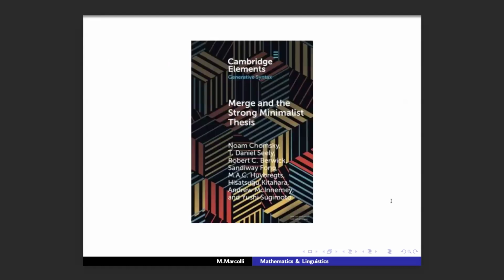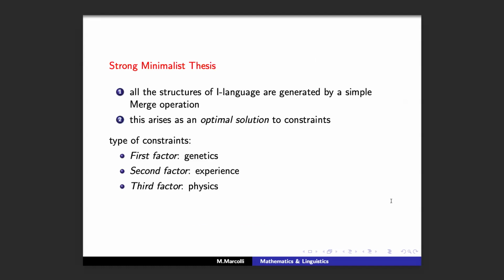This is the book that I'm talking about, and what goes under the name of the Strong Minimalist Thesis is essentially two hypotheses.